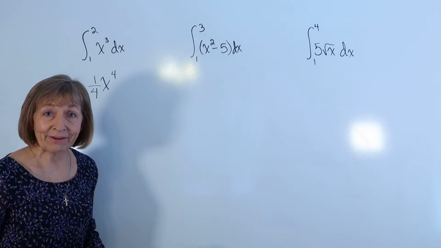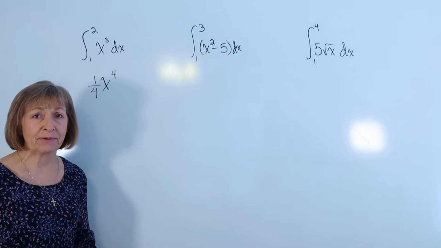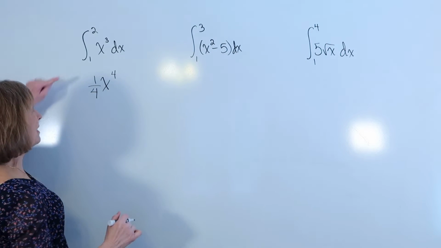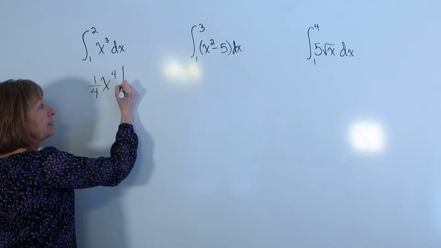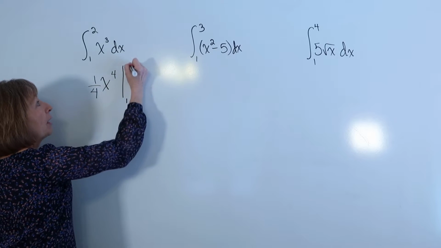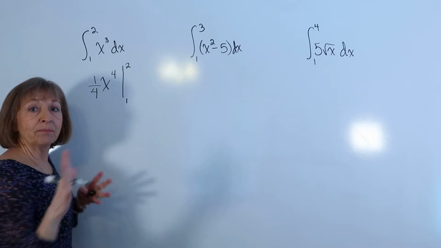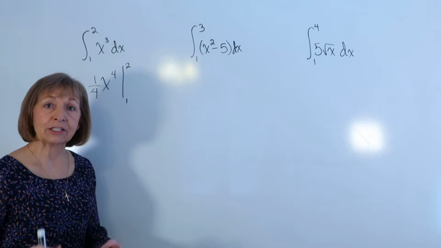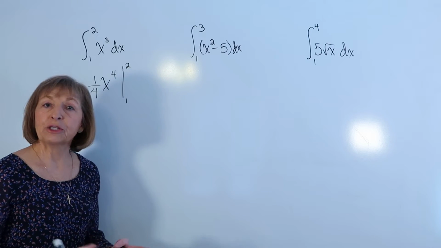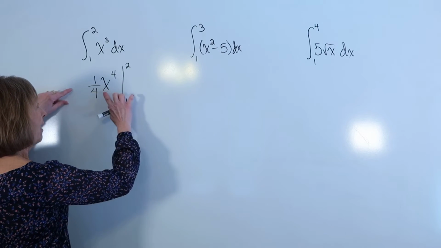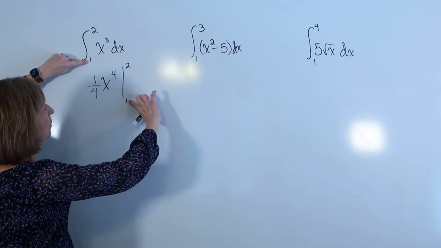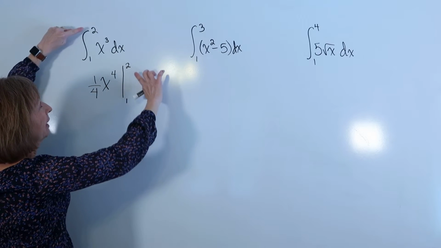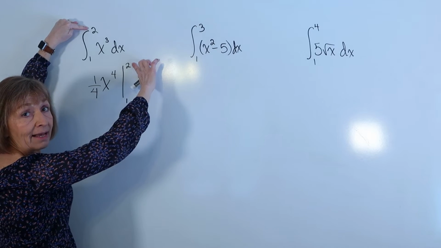Now with the indefinite integral, we had to make sure we remember that plus c. But with the definite integral, instead of doing the plus c, we're going to evaluate this from 1 to 2. To show that you've already integrated but haven't plugged your numbers in yet, after your antiderivative you put a vertical line with your lower limit of integration on the bottom and your upper limit of integration on the top.